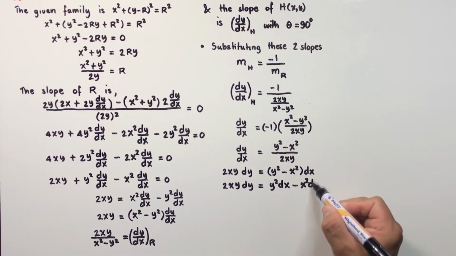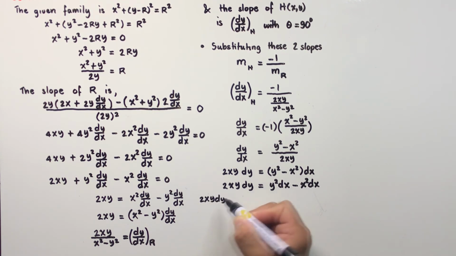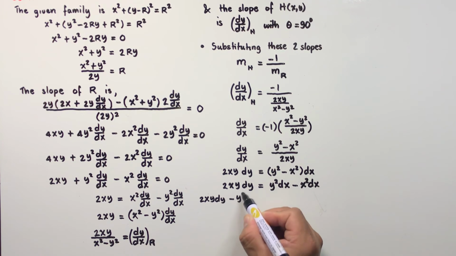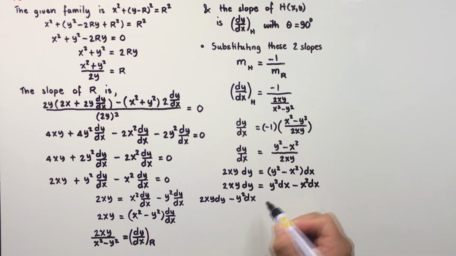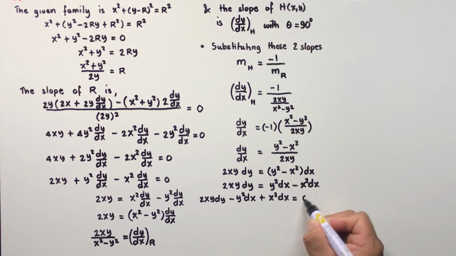squared dx here. And moving these two terms to the left hand side of the equation, we have 2xy dy minus y squared dx plus x squared dx, which is equal to 0.